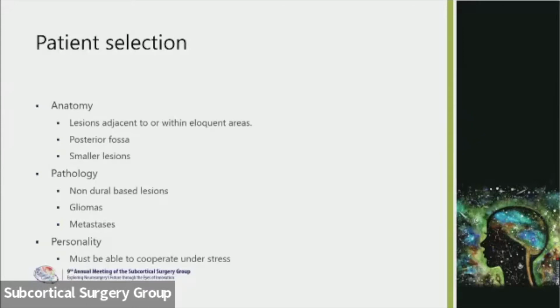Now, for patient selection, mostly this is done when there are lesions adjacent to or near eloquent areas, or if you're going to be traversing certain white matter bundles, tracts, in areas of interaction, or newer concepts that we're developing now. And I'm very interested in how to integrate this with the connectome.